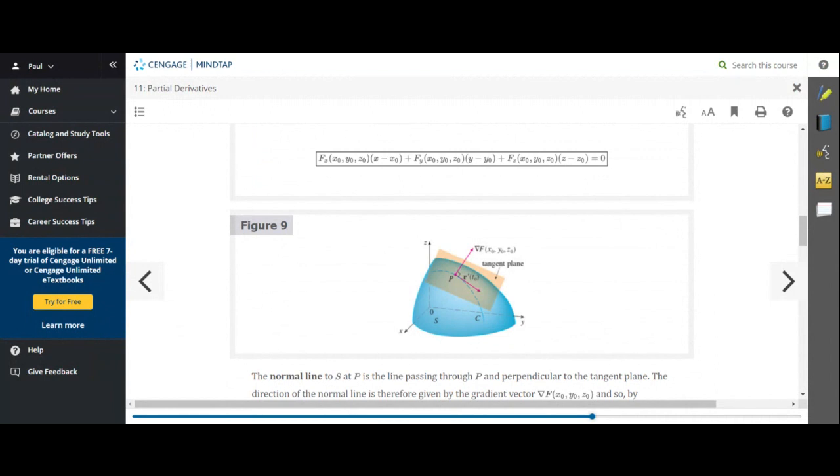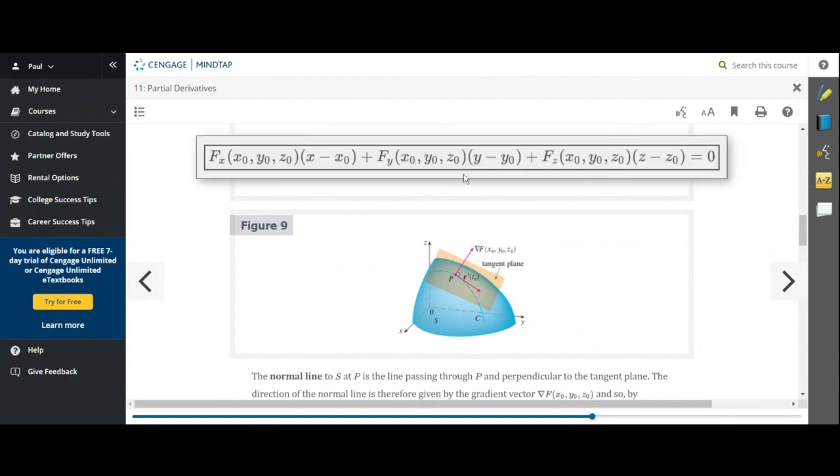And if you look in the equation above here, the gradient vector is the perpendicular vector to the tangent plane at point P on the surface, and x minus x 0, y minus y 0, z minus z 0 are just part of the plane equation. So now you have a way to find the equation of a tangent plane to a surface at some point.